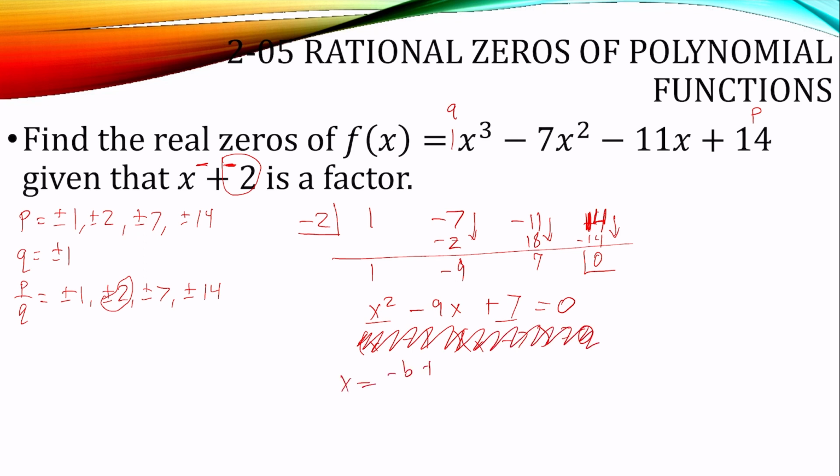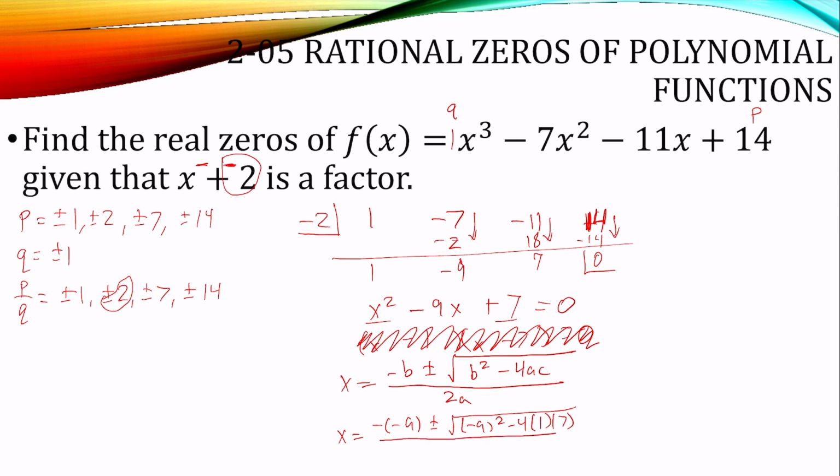There's negative b plus or minus the square root of b squared minus 4ac all over 2a. So it's negative a negative 9. Negative 9 squared minus 4 times a times c, all over 2 times a.